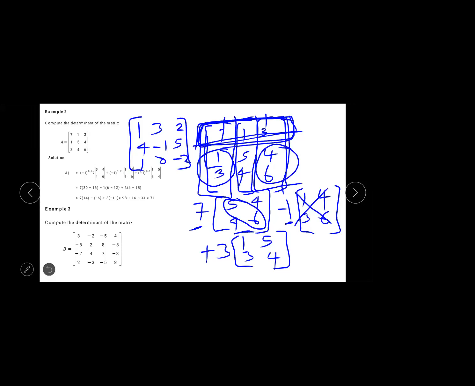What do you have left? Write them out. Now find the determinants of those 2 by 2 matrices that you got. What did you get? So with that, you should have got your answer.